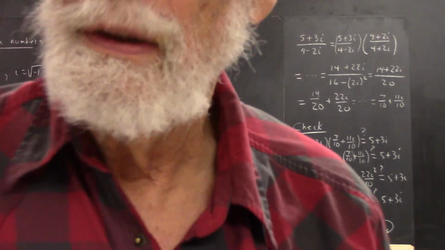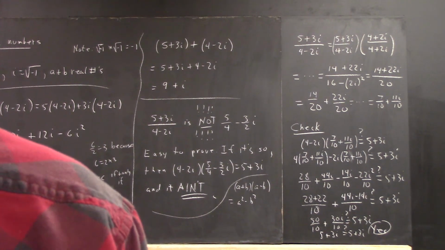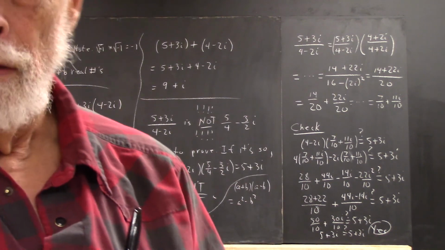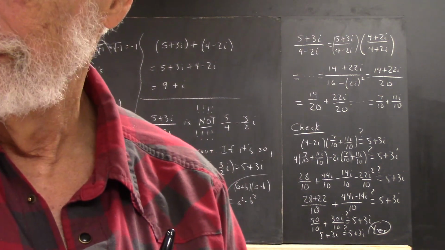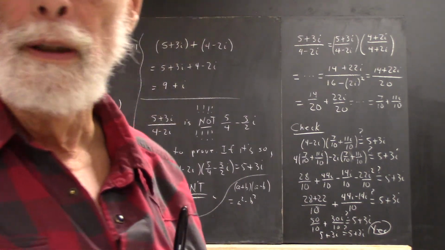Now you just have to work that through for yourself. It's easy, but there's some steps. But you have to see that it works out, and you have to do enough problems that you're used to the way it comes out. Okay? And then you've pretty much mastered the arithmetic of complex numbers.